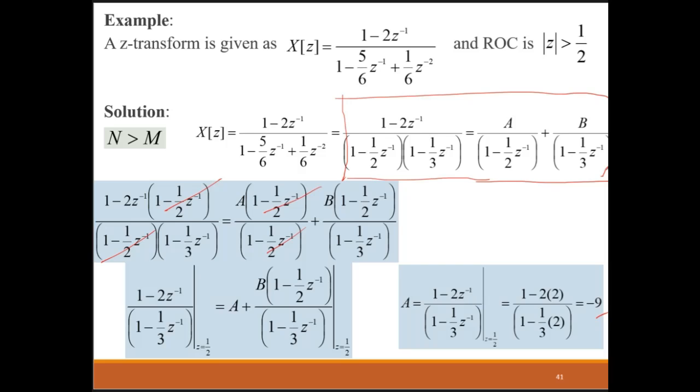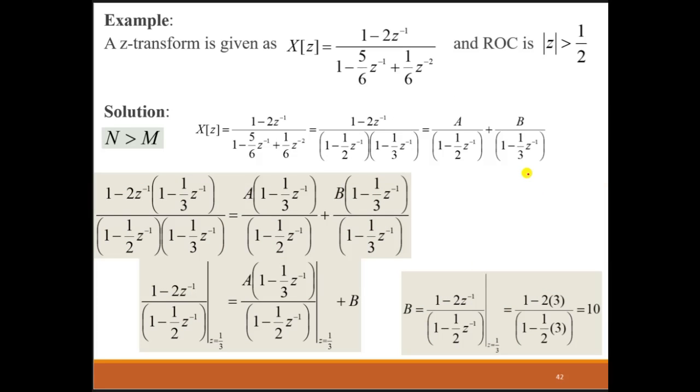Alright. Then you look at B. Again for B, we look at just this part. You multiply the equation with the denominator of B, so you can cross out all this.